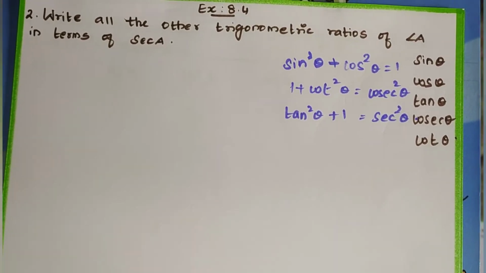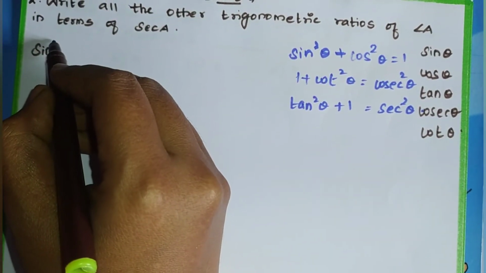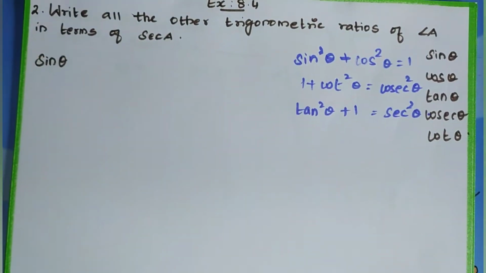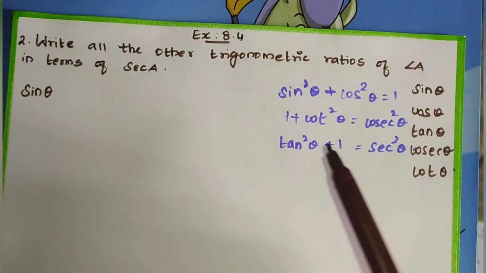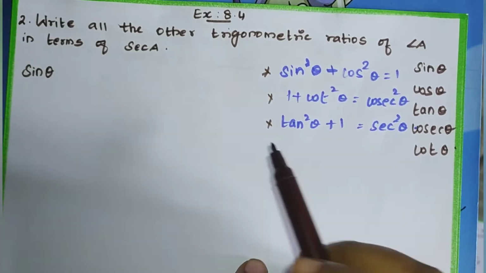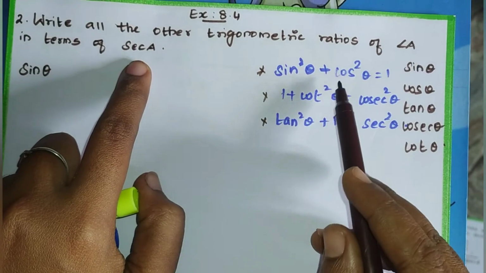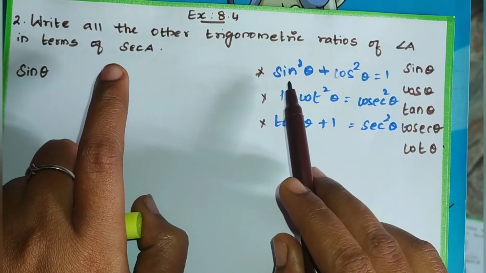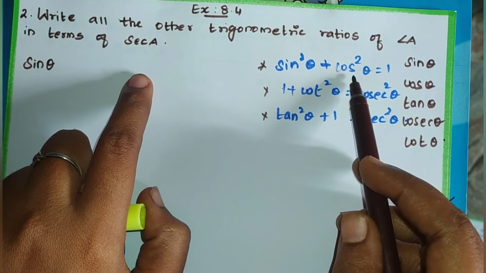Okay, now first I am going to change sine theta. Sine we have to change in terms of secant. So which formula, which identity we have to choose to change in terms of secant? I have to choose this one. Why? Because we have sine theta and we have cos theta.